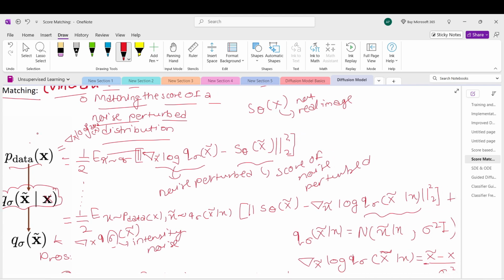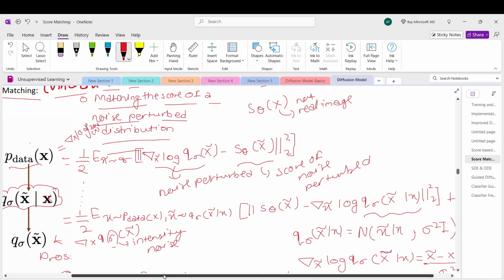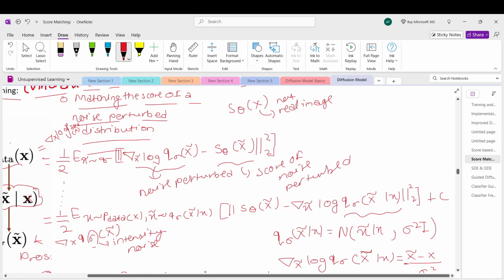I am not writing the calculation here. If I just open the integral and do the calculations, we will also apply some integration by parts, I think. If we do that, we reach this quantity.